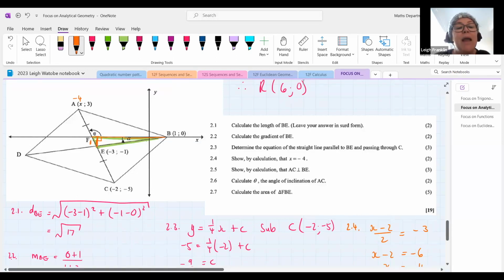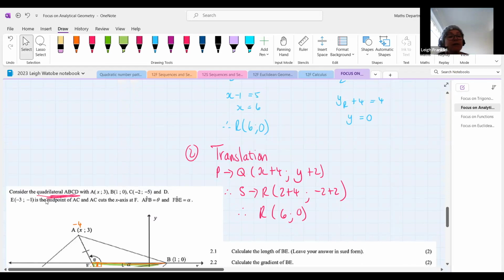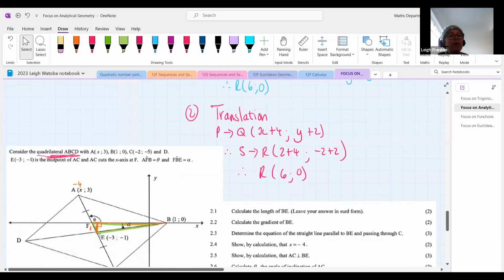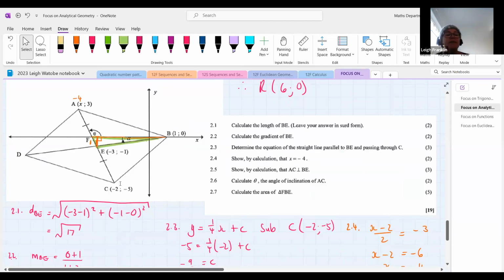I need FB. So if I want to do it this way, I've got the perpendicular height, I need the length of FB. So FB is a horizontal line. I don't need to use the distance formula, but I need to know the x-coordinate at F. Okay, and F is, so E is the midpoint, yes, of line AC, and AC cuts the x-axis at F. So I know that F is the x-intercept of line AC.